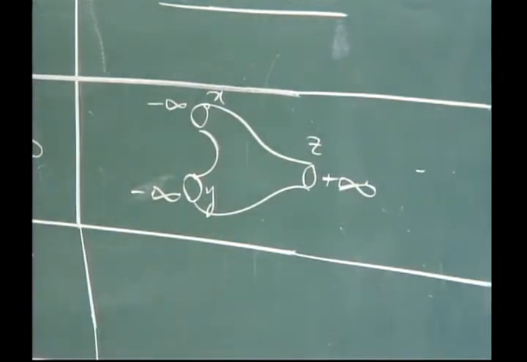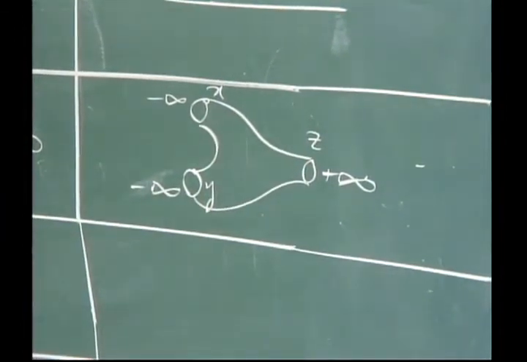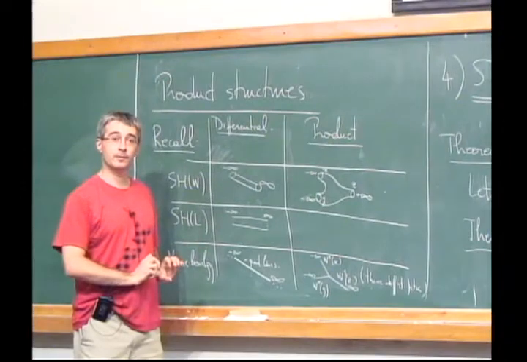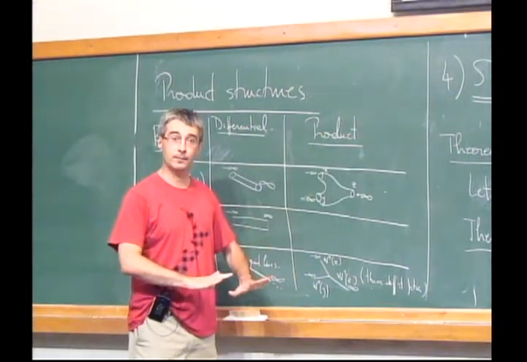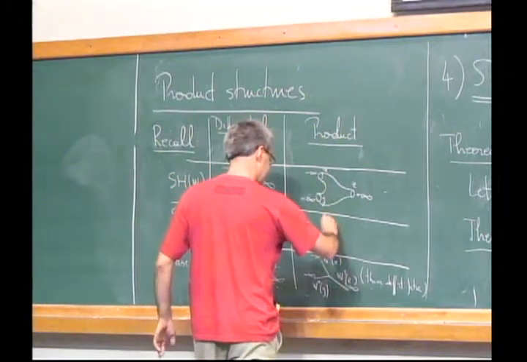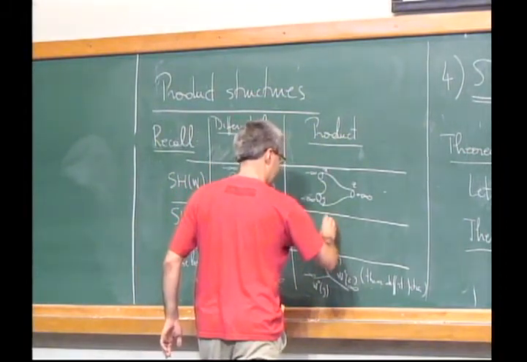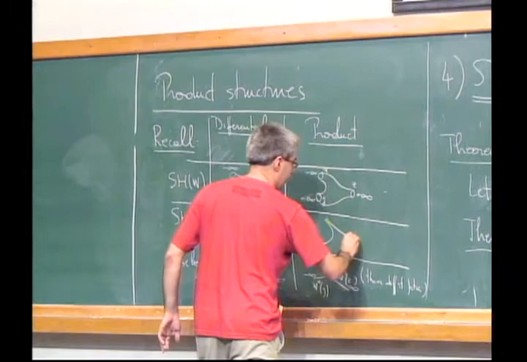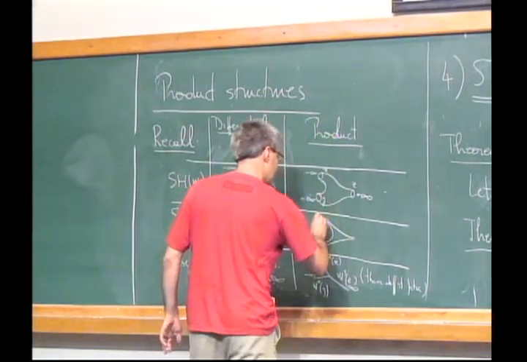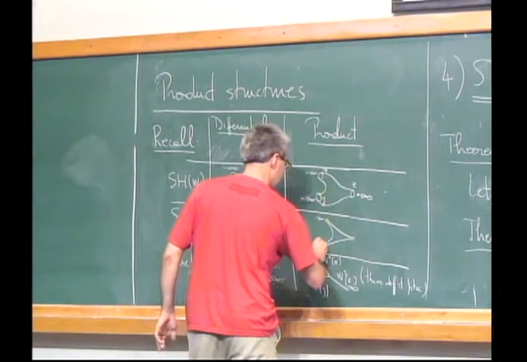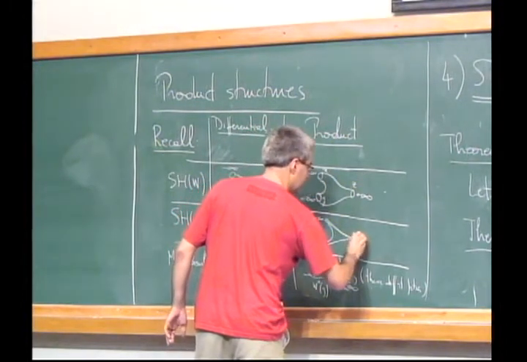And in the Lagrangian version, a segment gets thickened to a strip, and this is going to get thickened to a triangle. I'll draw the triangle this way. Minus infinity, plus infinity.